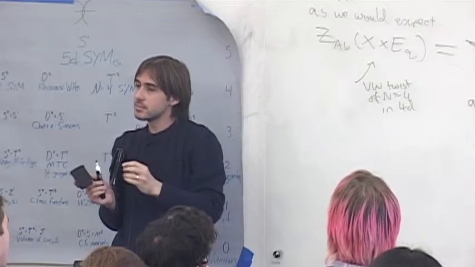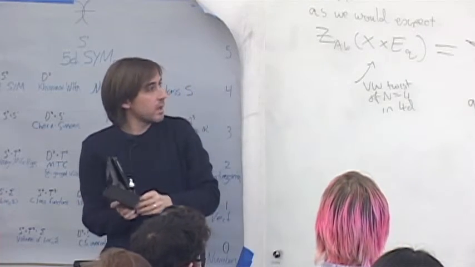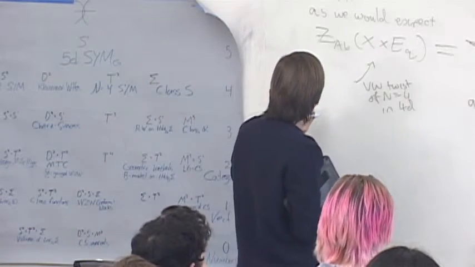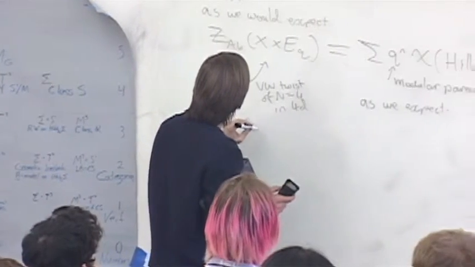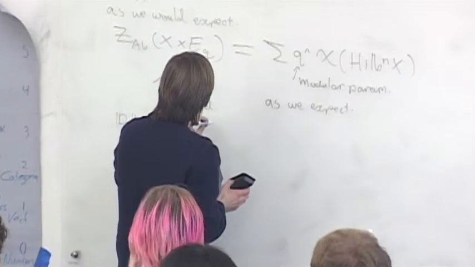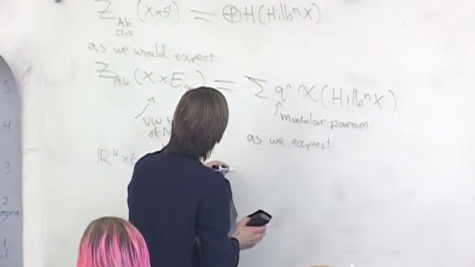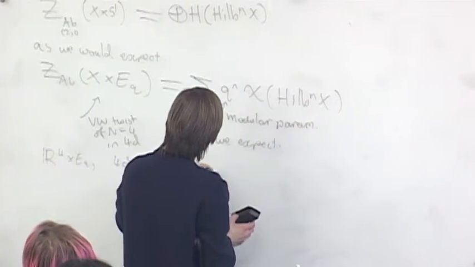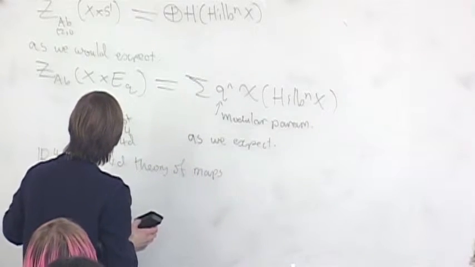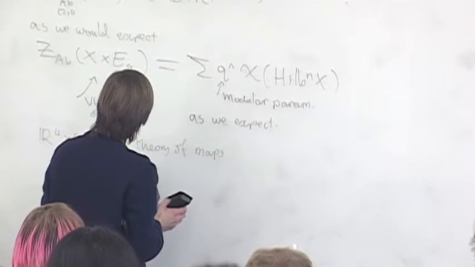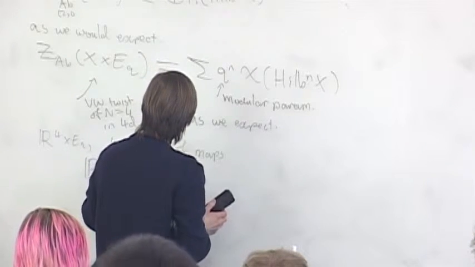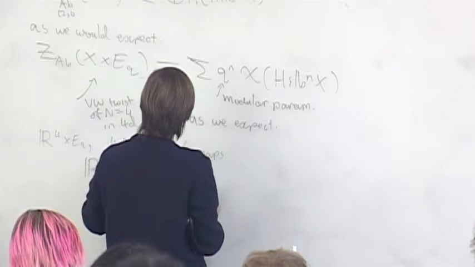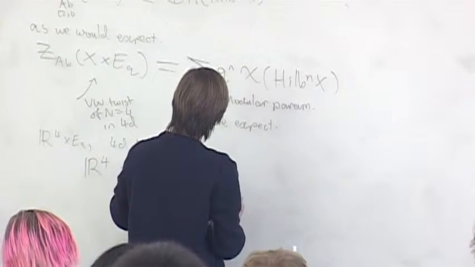Can you say what that theory is? Well, if I reduce on R4 cross an elliptic curve, we find a Fourier theory of maps from R4 to the space of closed one-forms, holomorphic one-forms.